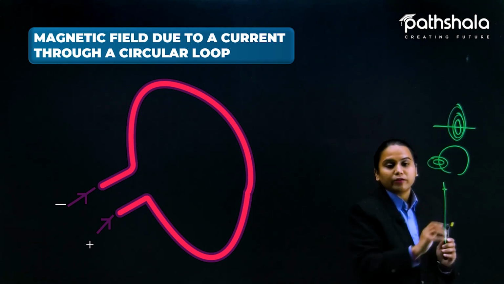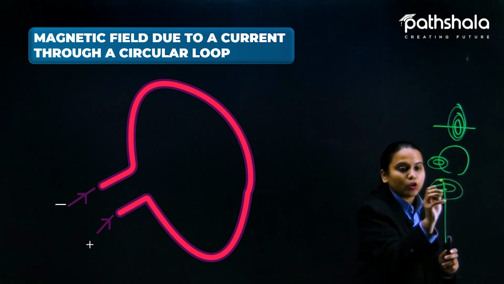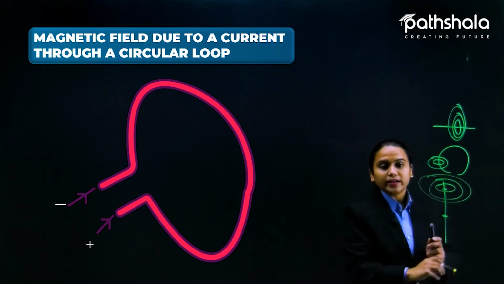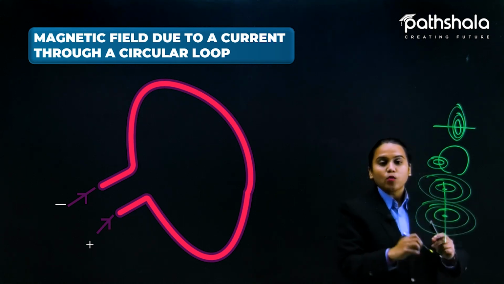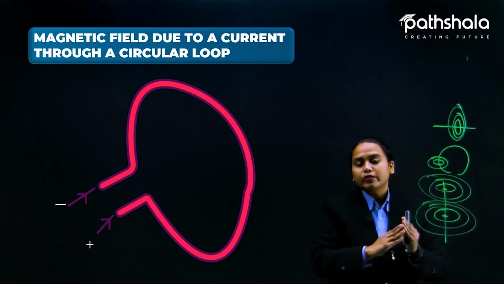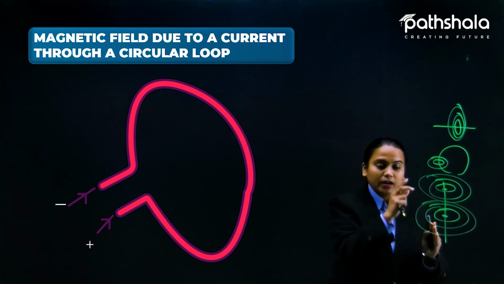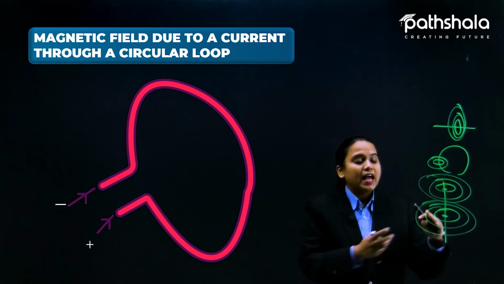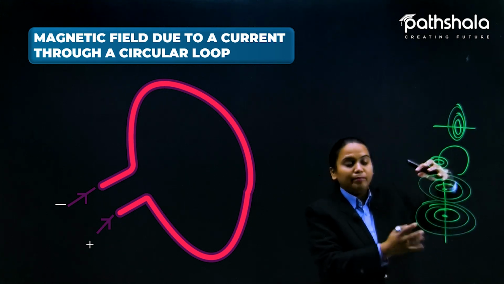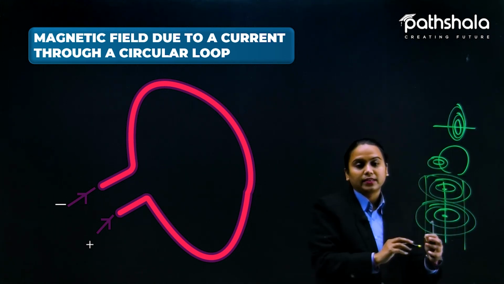So at this point, magnetic field lines would also be here, and at this point, magnetic field lines will also be here. Likewise, at each and every point of this straight current carrying conductor, we have magnetic field lines, and this particularly makes a cylindrical form like this.